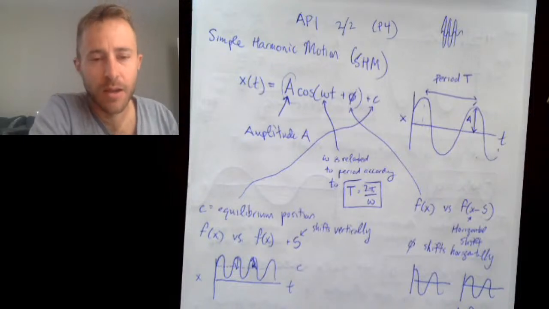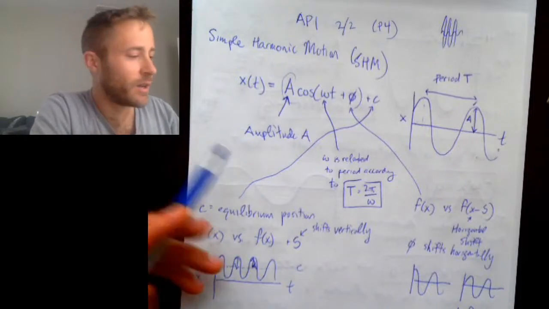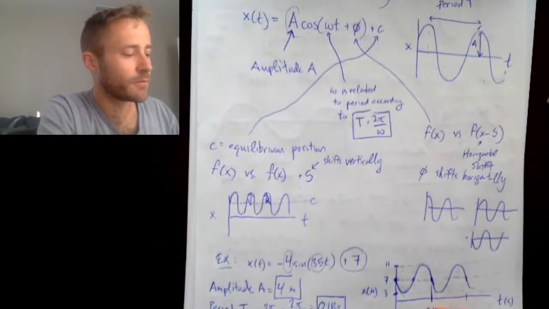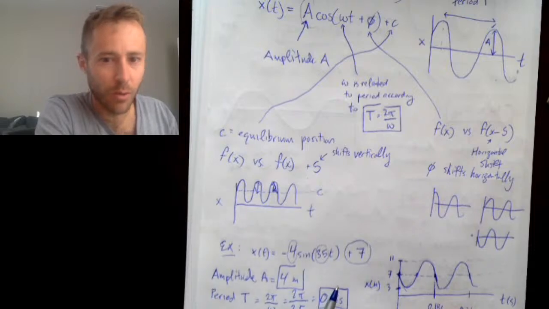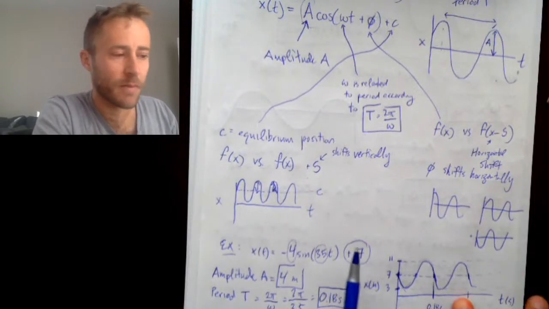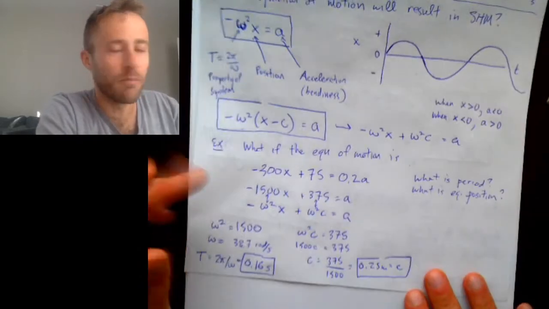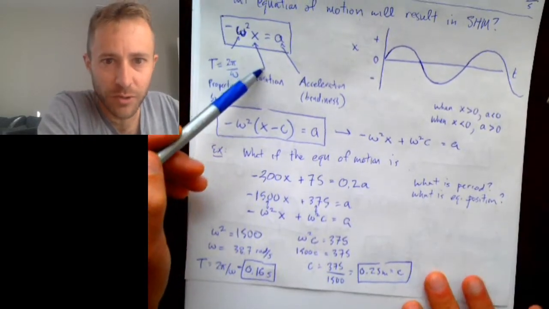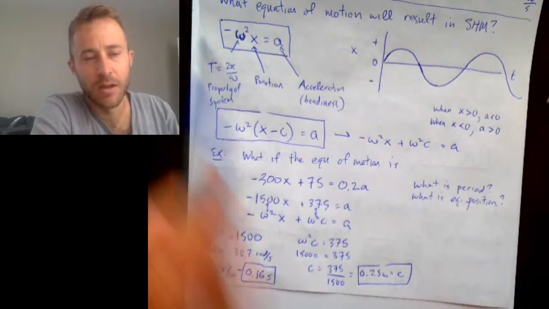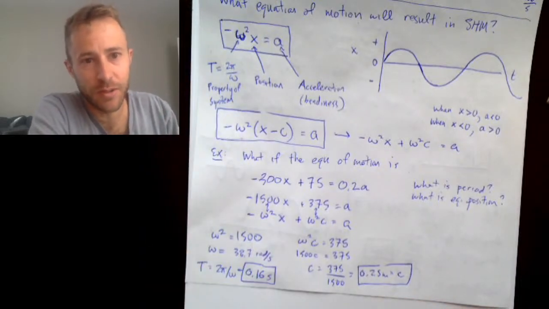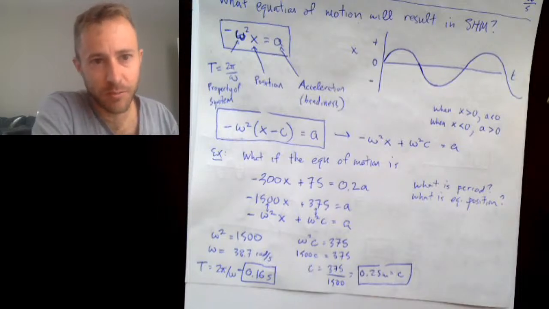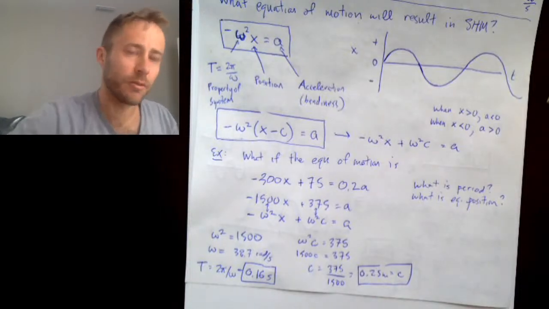And then we learned how to identify those quantities if you're given an equation or a graph. And then we learned the equation of motion that will result in simple harmonic motion. Next time, we will give some examples of specific simple harmonic motion systems. So that is my lesson for today.